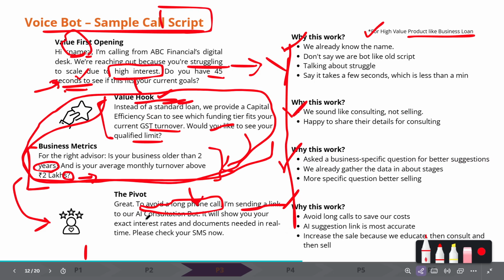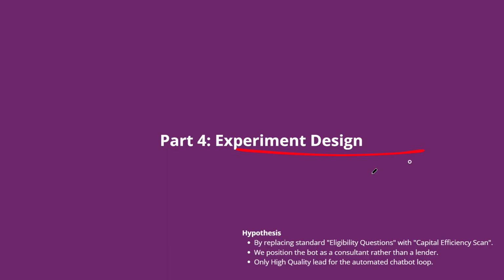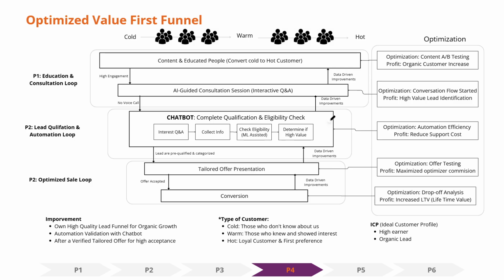If you notice here, we are using the consultancy word. Here we are asking about the business problems, we understand the business situations, and we are showing interest. We already know about you. We are not saying that we are a bot like the old script. Okay. And only high quality leads go to the automated chatbot loop.